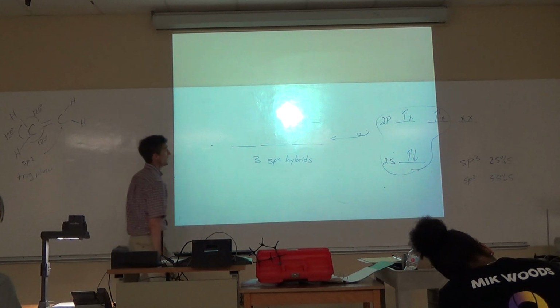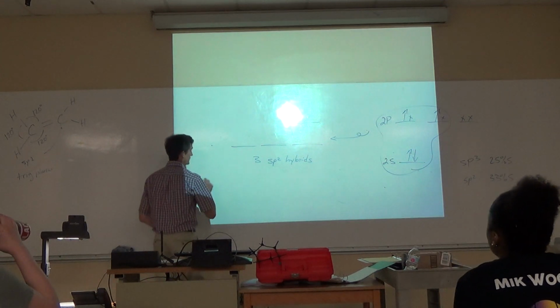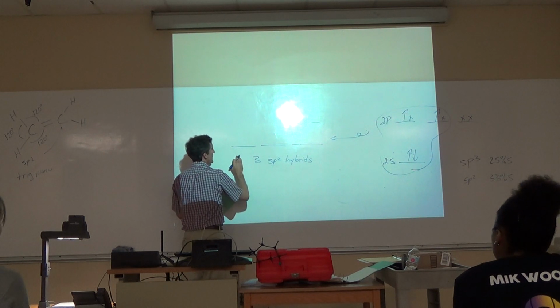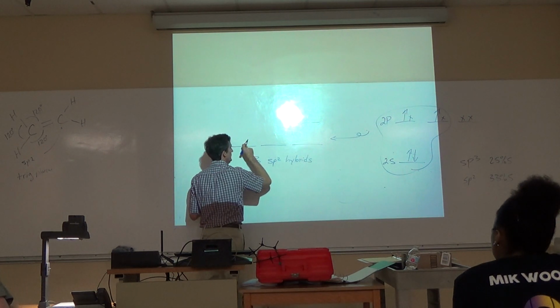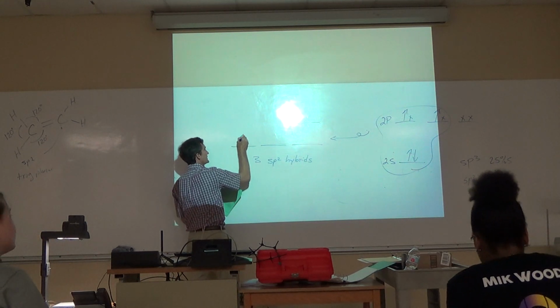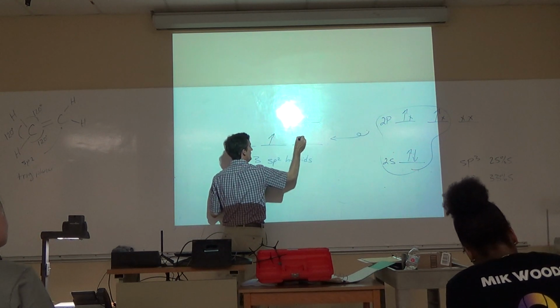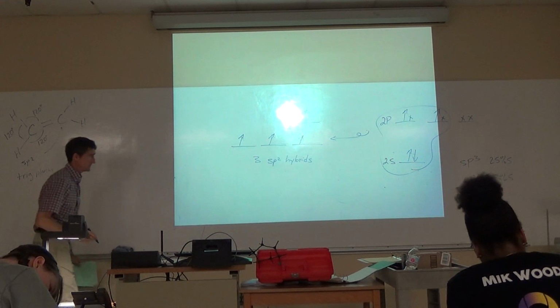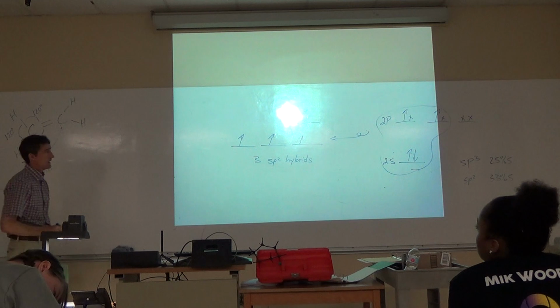P orbital. How many valence electrons does carbon have? We could do 1, 2, 3, and put another one here. But it's actually bonds like this. There's your 4.